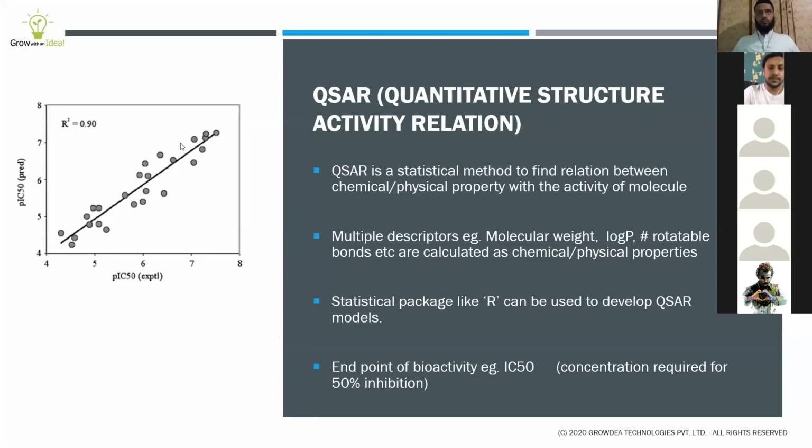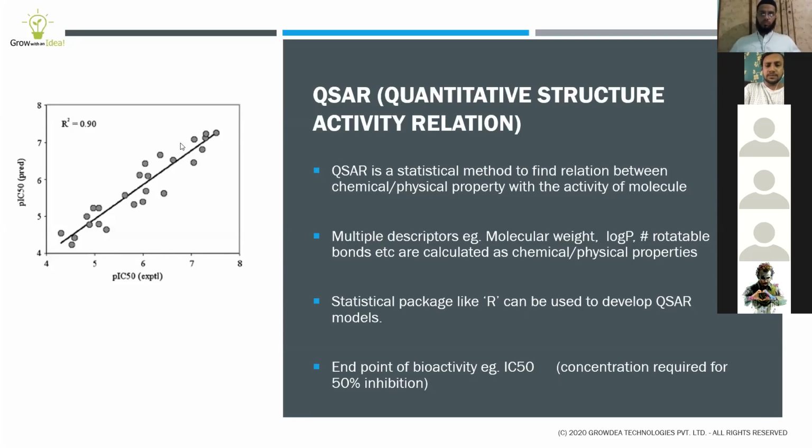Generally, I'm using R because, first, R is freely available. And the second thing is that R gives you lots of liberty to actually modify and change your own model. And that is what we are going to do in the hands-on training later on.